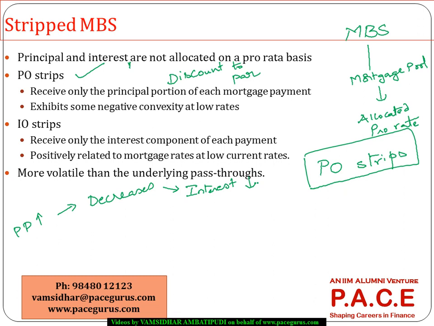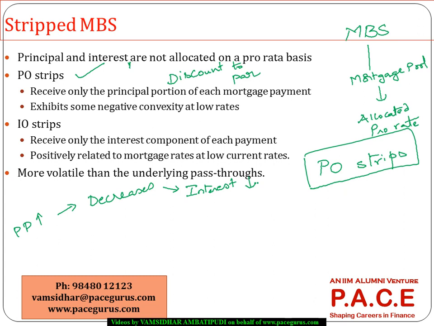If the prepayment rates are higher, the PO strip is going to get more and more benefit. The PO investor is going to get quicker cash payments, whereas the IO strip, forget about quicker cash payments, may even get lesser cash payment, because once the principal portion is getting reduced drastically, the interest value can keep coming down with more and more prepayment. So the overall money that the interest only strip is going to get might come down.